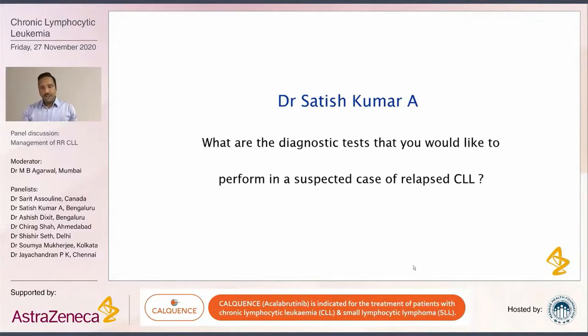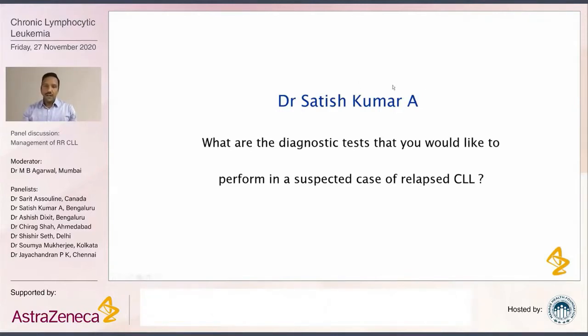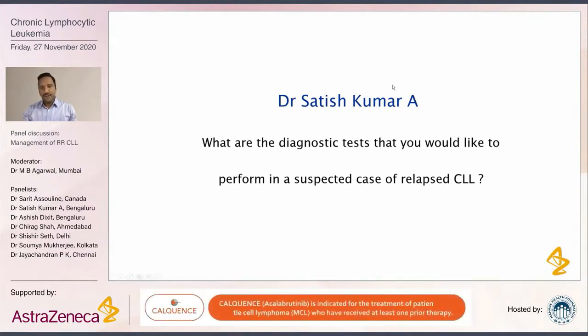So in a patient with suspected relapsed CLL, we would do the basic test, which is a CBC with differential and peripheral smear examination. We should first identify whether the patient fits the International Working Group CLL response criteria for progressive disease.